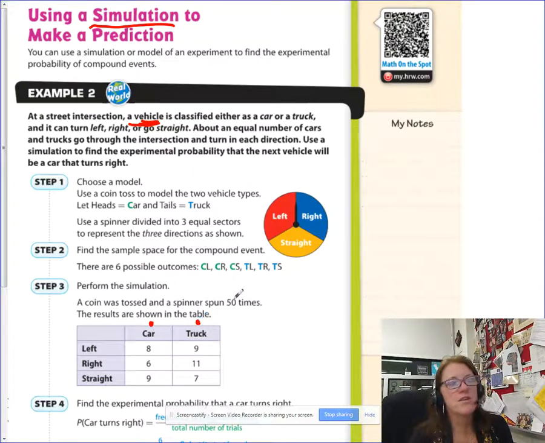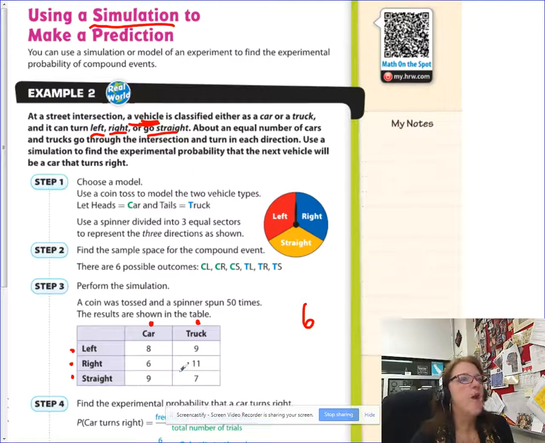You have two choices here, a car or a truck. And then at the intersection, that vehicle may actually turn left, it may turn right, or it may proceed straight through the intersection. So here's where these three choices come in. That gives you two choices and three choices. It gives you a total of 6 different outcomes.